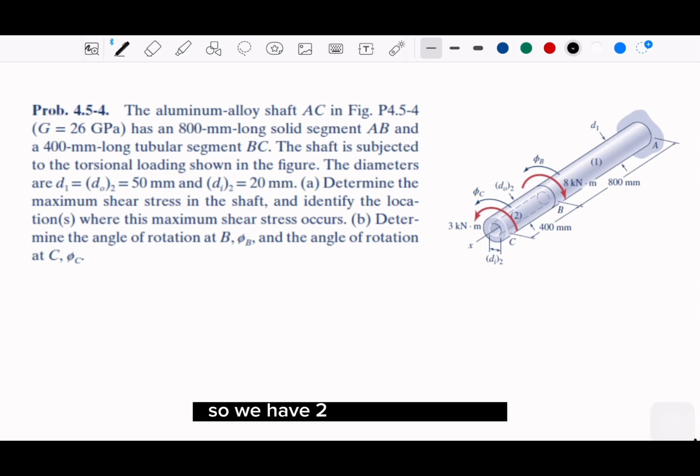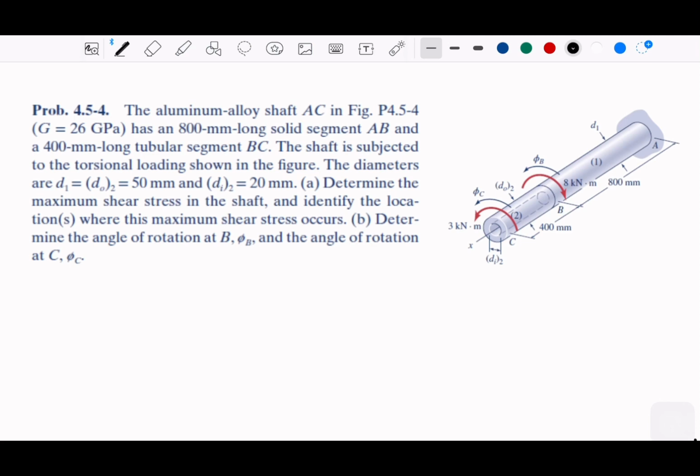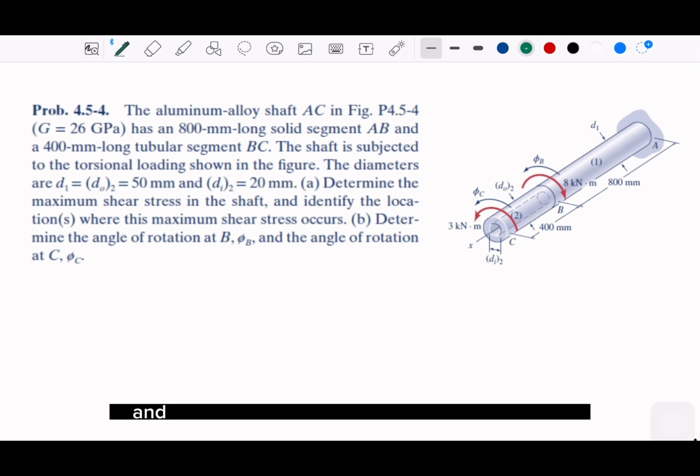Okay. So we have 2 components, and they have some length for both of these components. So we can start by taking each one of them, and let's look at the internal side of the material.